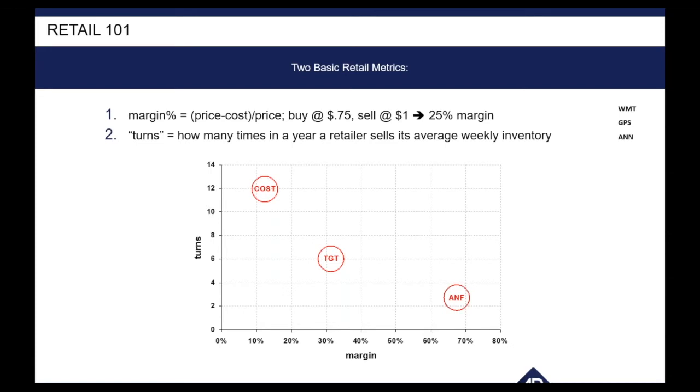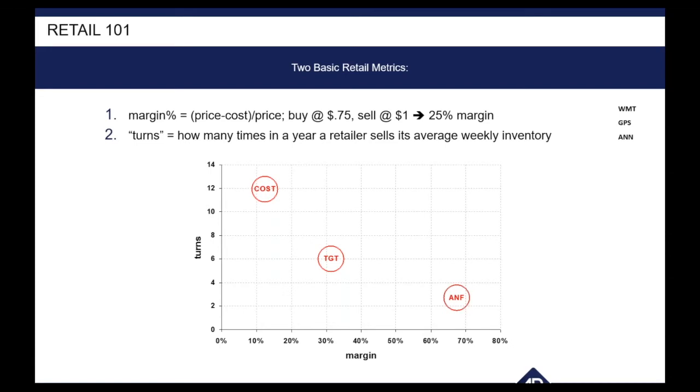And Abercrombie and Fitch on the other side of the spectrum, very high margins. But besides the spread in margins, which is really a decision of the retailer of what they sell and how they position themselves in the market, the other obvious distinction here is in turns.